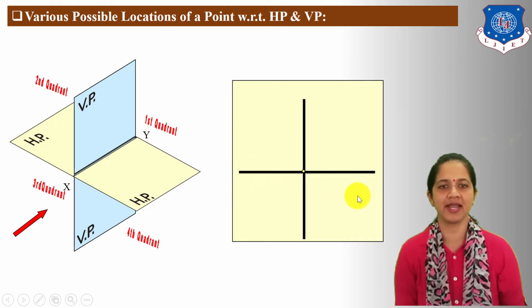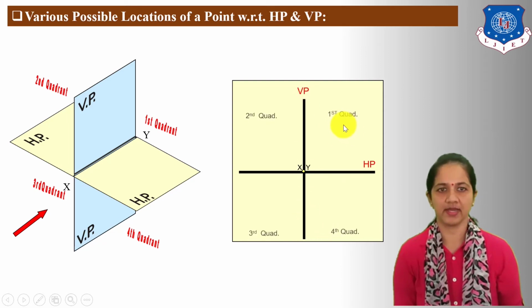So, this horizontal line in the 2D figure indicates the horizontal plane, this vertical line indicates the vertical plane, and this point indicates the XY line, which is the common intersection line of the horizontal and vertical planes. Here, this is the first quadrant, this is the second quadrant, this is the third quadrant, and this is the fourth quadrant.